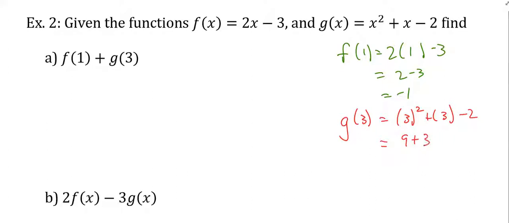Am I going too fast? 9 plus 3 minus 2, which is 12 minus 2, which is 10. That make sense? Okay, f at 1 is negative 1, and g at 3 is 10, and so I'm just adding them together. But you see what I mean? I could have done each of those in place here. I don't have to go off to the side and do them, but it does show a little bit more nicely exactly what we did for the first one.